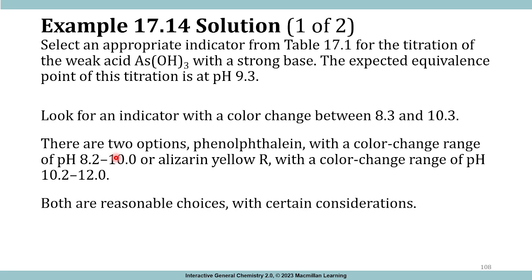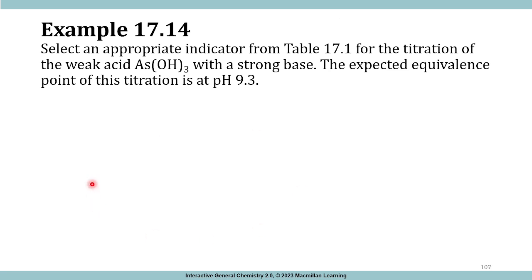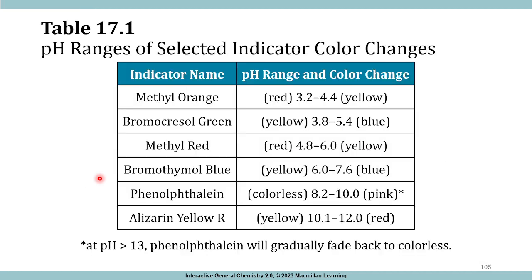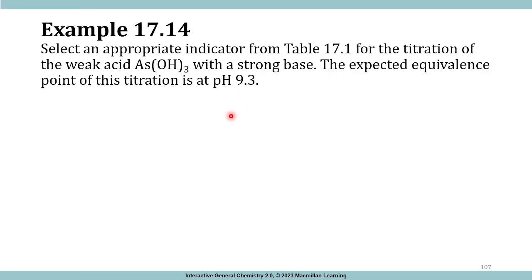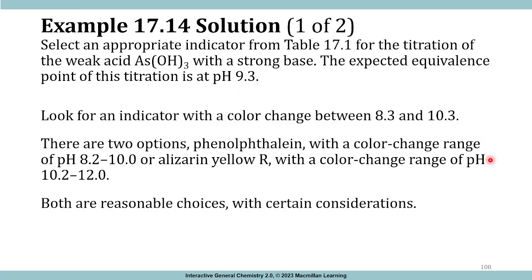Okay? And so this one, you'd actually be better off getting a noticeable pink color, rather than just almost nothing. Okay? This, on the other hand, the alizarin yellow, so we look at this color range here. This is yellow going to red, right? So the colors that would happen as we go along here would be yellow, orange, and then red, right? What color would we want to actually stop at? We're already going to be overshooting our pH, aren't we?